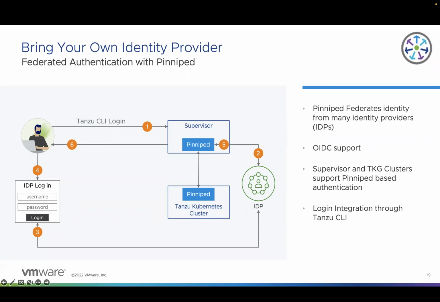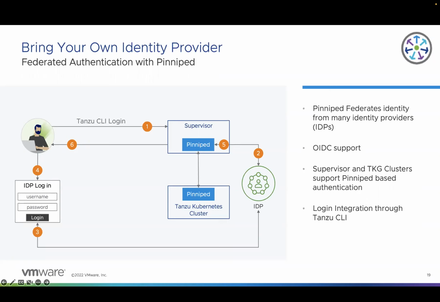So the diagram on screen just illustrates a simple or potential workflow, and it might be slightly different depending on the identity provider in question. So at number 1, the user will use the Tanzu CLI login to authenticate to the supervisor or the Tanzu Kubernetes cluster. The Pinniped integration will federate out to a respective identity provider, and that identity provider will return a login link or a login window, whatever it may be, depending on the identity provider.